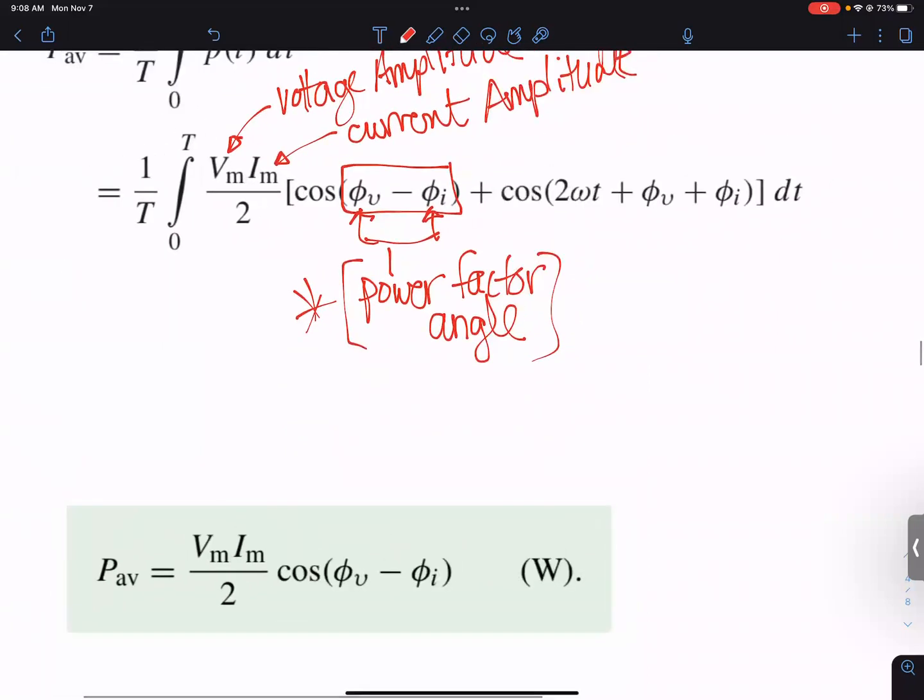When you integrate a cosine, the average of this is going to be 0, so this term goes to 0.